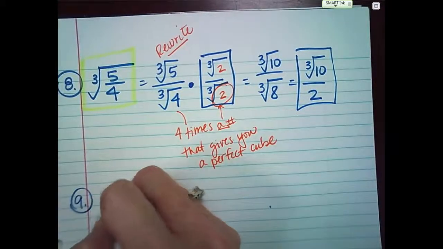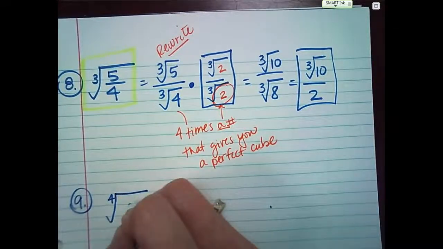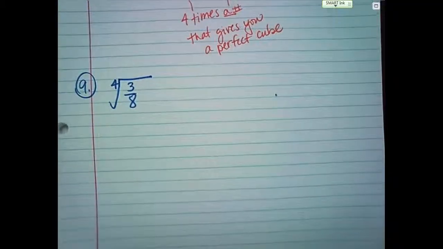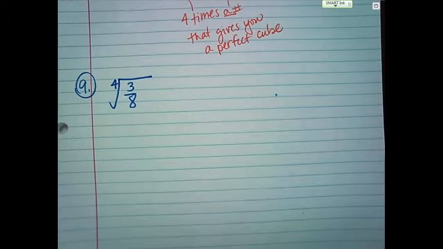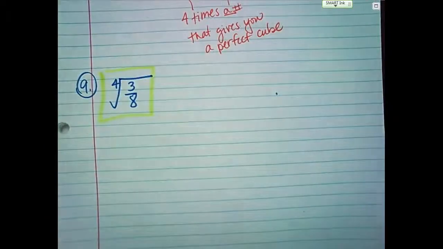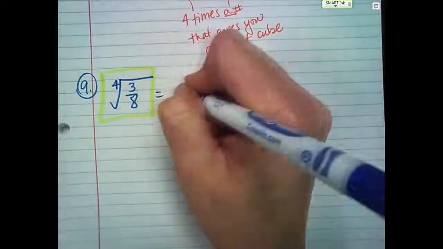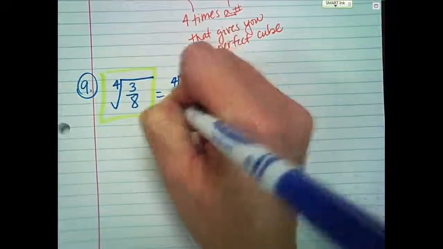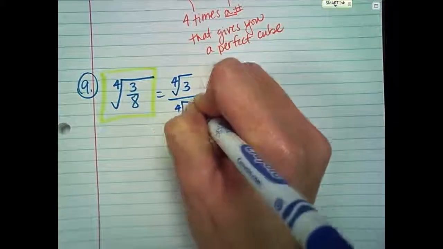Here's the 4th root of 3/8. The 4th root of 3/8. What's my first step? Rewrite it. So the 4th root of 3 over the 4th root of 8.